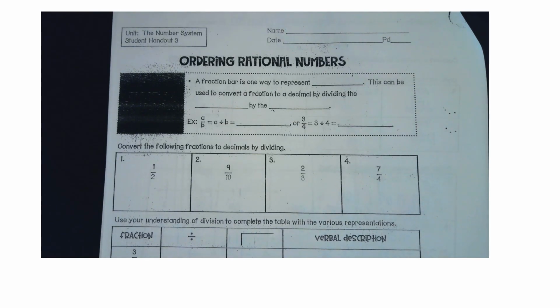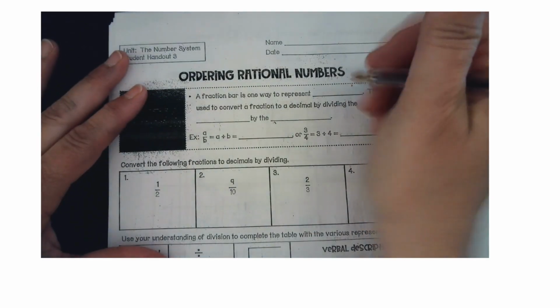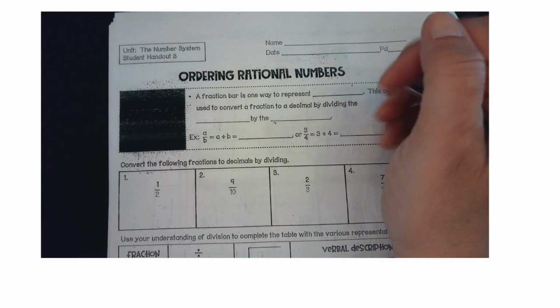So it includes all the whole numbers. All right, rational. What's rational? Decimal or a fraction. So you've got all of those numbers in between 1 and 2. All those numbers in between, those are your rational numbers. Okay? All right, so we're going to work through this and then we'll go to lunch.